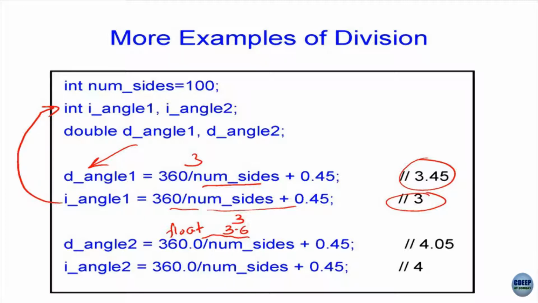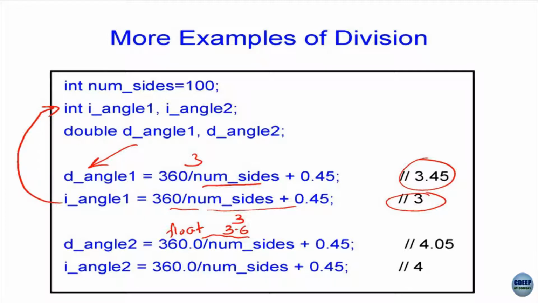So you don't necessarily start with the left hand side, you start with the right hand side. So 360 divided by num sides. What is num sides? It's an int. So this would be an int, 360 divided by 100, which will be 3 plus 0.45 will be 3.45. However, now you take note of the type of D angle, and D angle is a double and therefore can be assigned the value 3.45.